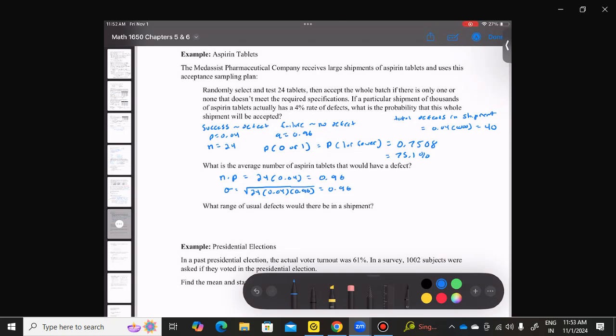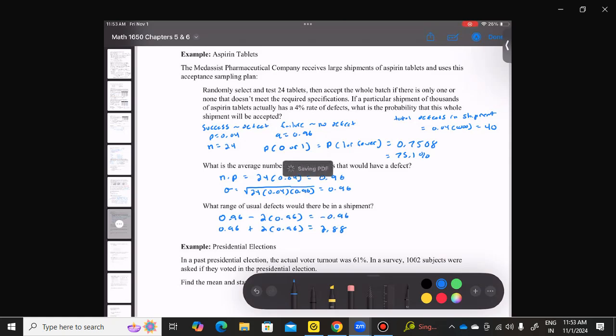So our usual value range: 0.96 minus 2 times 0.96, and 0.96 plus 2 times 0.96. So high value is 2.88. Low value is a negative 0.96.